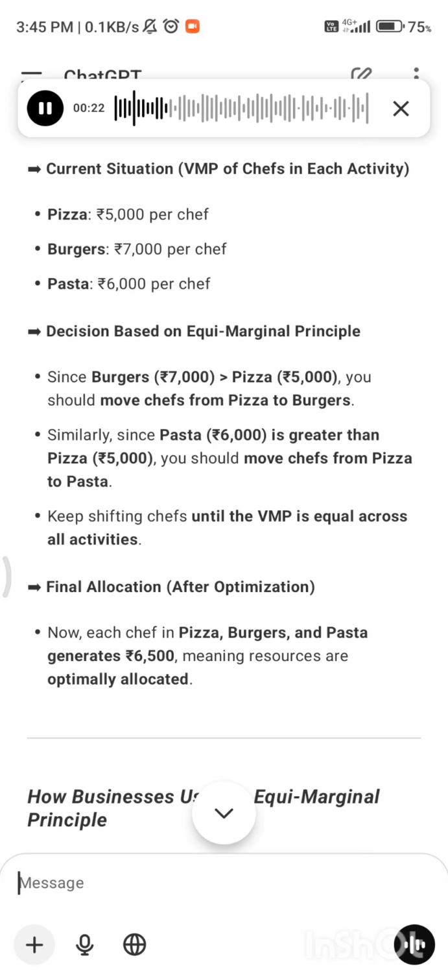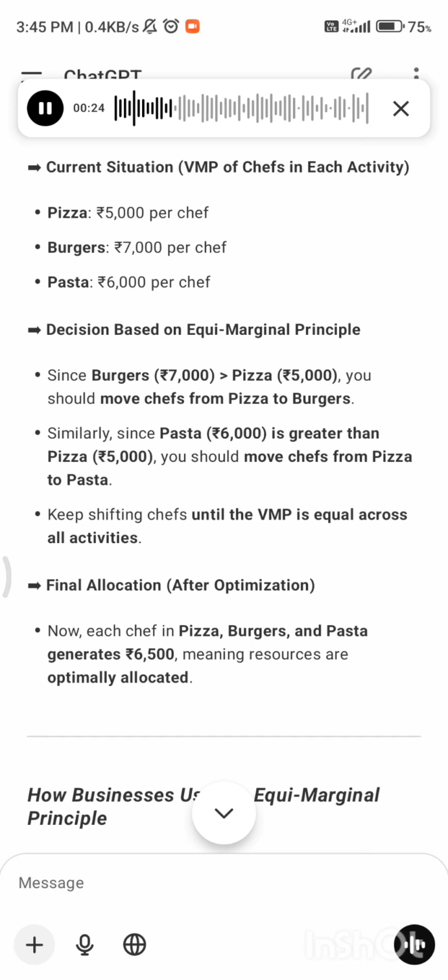Current situation: VMP of chefs in each activity. Pizza, 5,000 per chef. Burgers, 7,000 per chef. Pasta, 6,000 per chef. Decision based on equimarginal principle. Since burgers, 7,000, is greater than pizza, 5,000, you should move chefs from pizza to burgers.